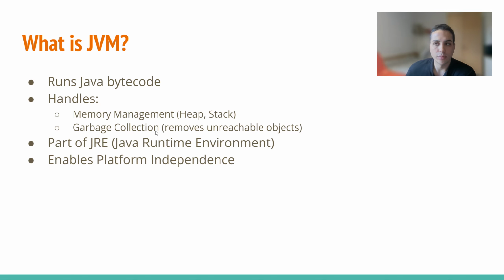So the Java Virtual Machine is part of the Java runtime environment and acts as an intermediate part between Java programs and the underlying operating system like Windows, Linux, or macOS.